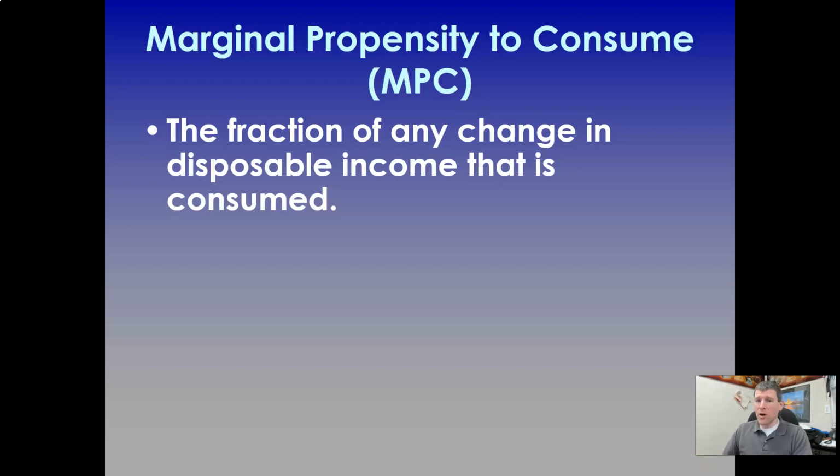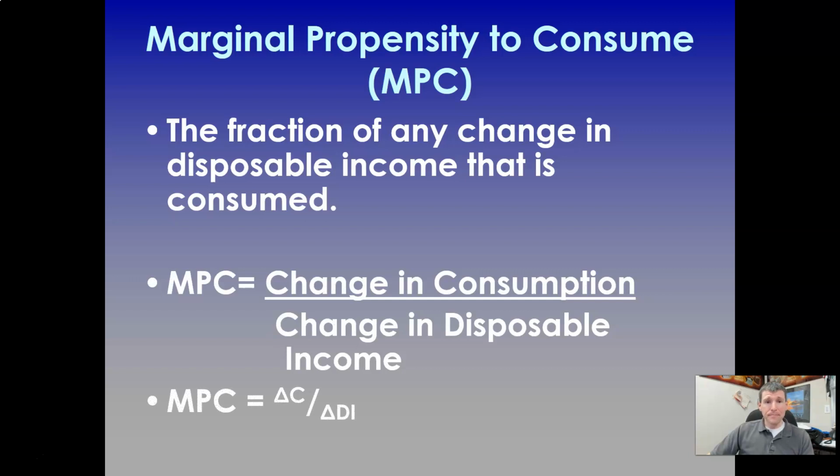We're not concerned now about how much you spend out of the original $100,000 or out of the combined $110,000. We're only concerned about what you're going to spend out of that additional $10,000, and what you will therefore save out of it. This is what the MPC and the MPS are concerned with.